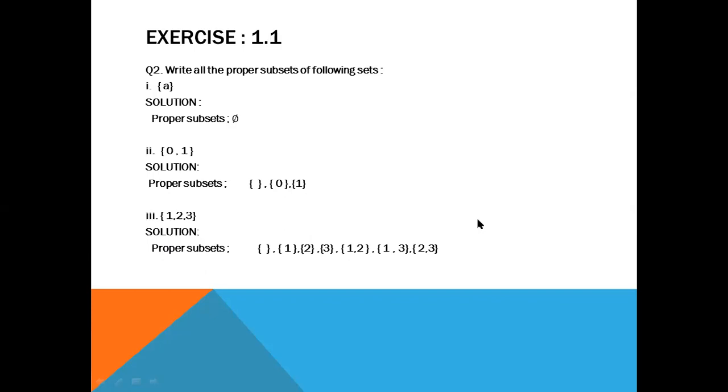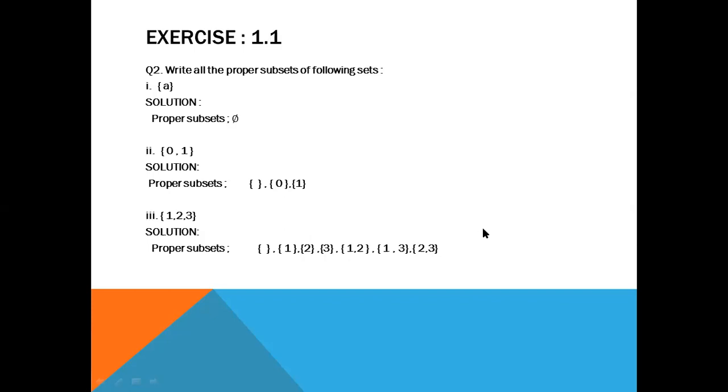In sets, you cannot write 2, 3 as 3, 2. Order is compulsory in the sets. We cannot change the order. Because in the question, 1, 2, 3, the first element is 1, then 2, and then 3. We cannot write 1, 2 as 2, 1. So that's why when we are finding the subsets, we are going in the order 1, 2, then 1, 3, then 2, 3. Is it clear to you?